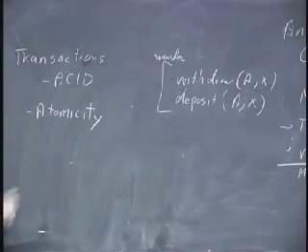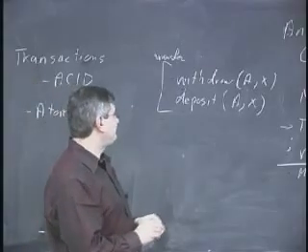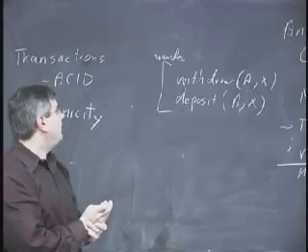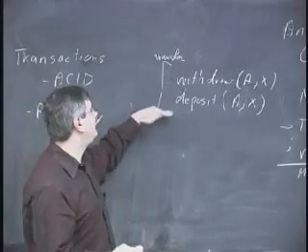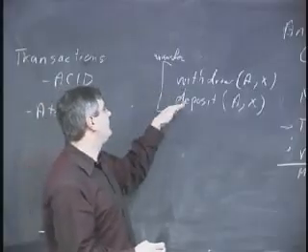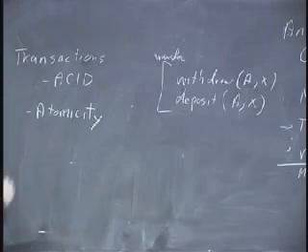Okay, so this is a very important property and difficult to implement, but critical. A critical notion that, if everything goes good, both of them happen. If anything goes wrong in the middle, none of them happen. You never get partial completion.